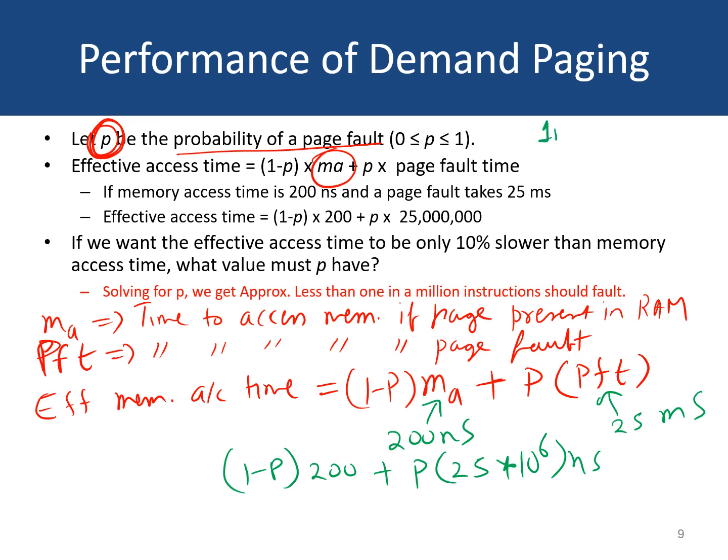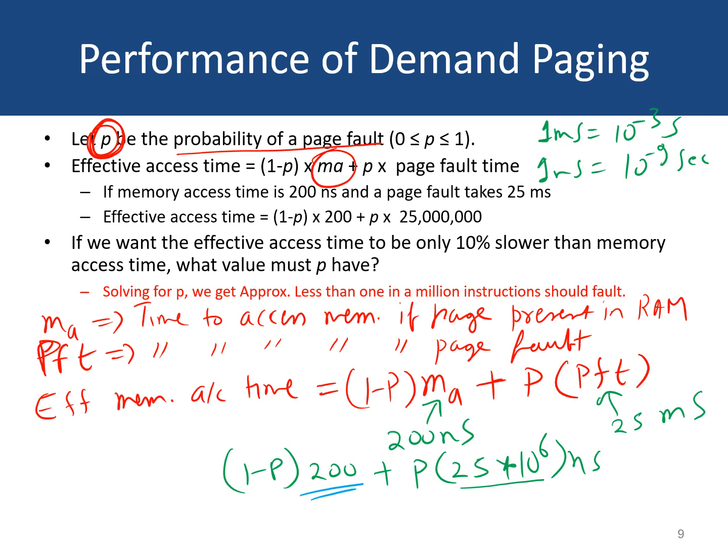Recall that a millisecond is 10 to the power minus 3 seconds, and a nanosecond is 10 to the power minus 9 seconds. That is why 25 milliseconds would be 25 times 10 to the power 6 nanoseconds. A few things to note here. If there was no virtual memory, and the entire process was in the main memory, the average memory access time would be 200 nanoseconds.